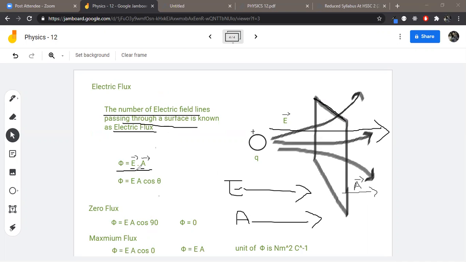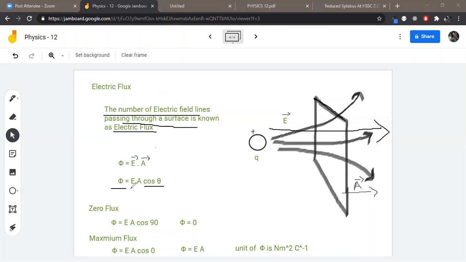When we have two vectors having a dot product between them, once we remove that dot product, we have to place the cos of theta.